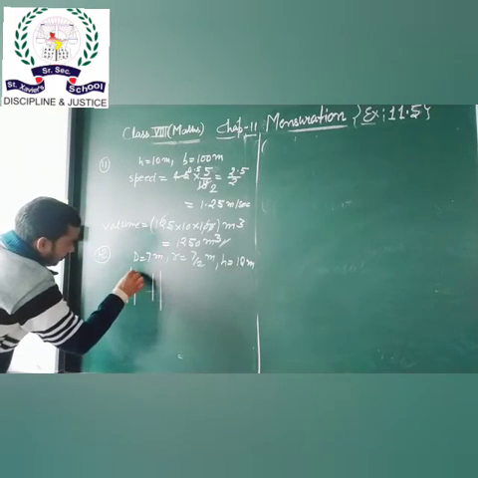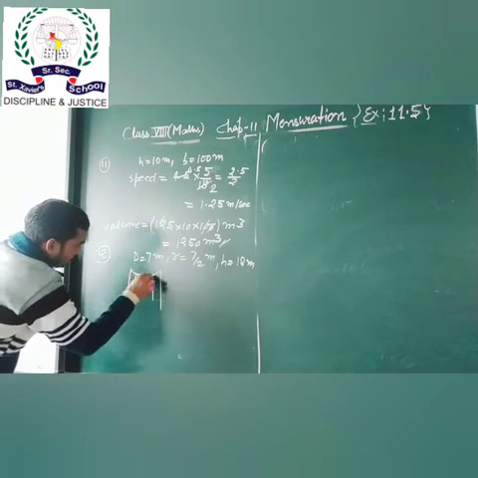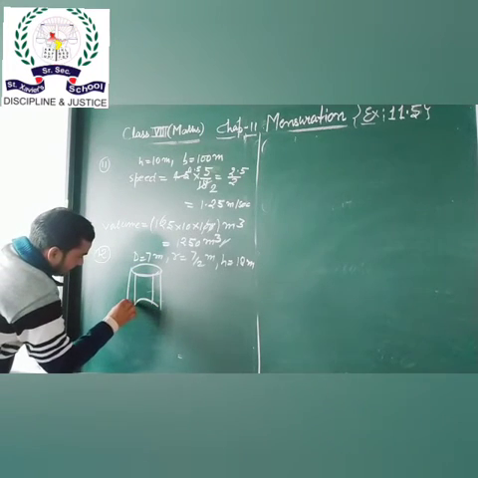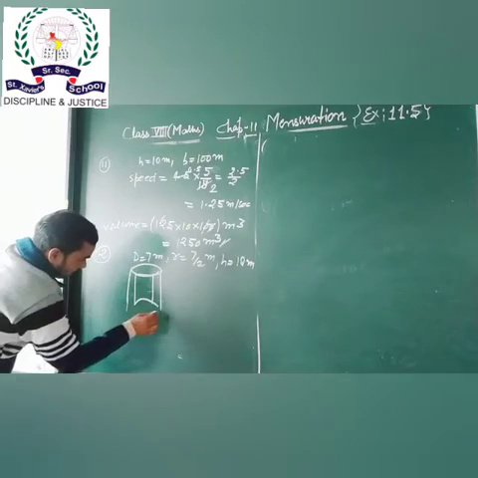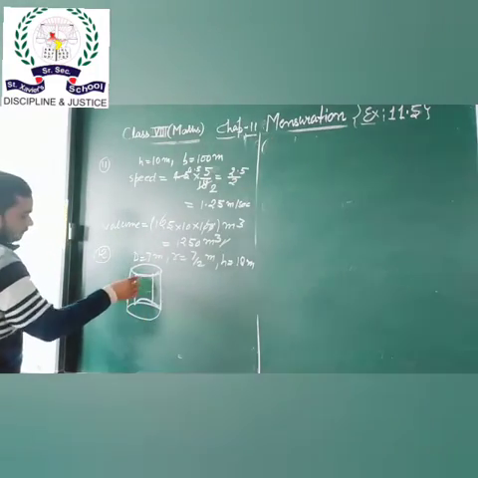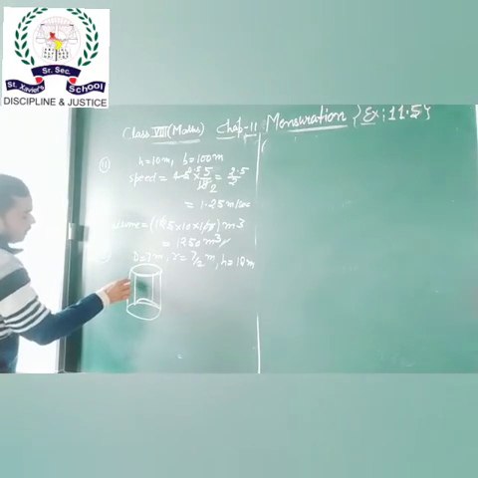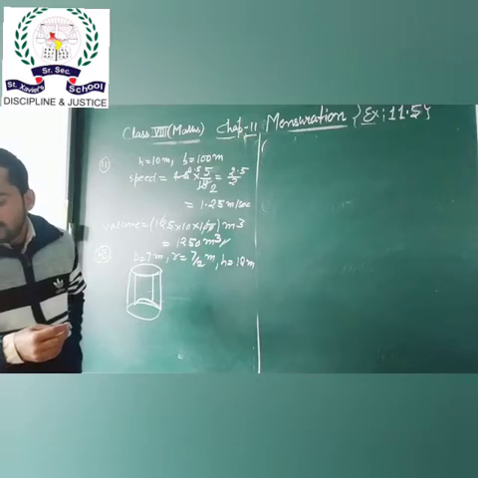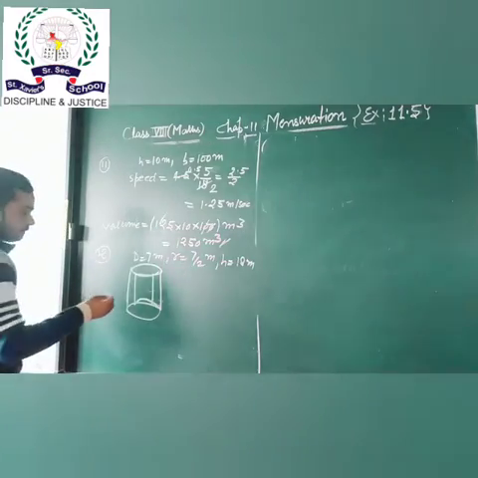So here we have to apply the formula like the hollow cylinder, external minus internal. This is a well and the thickness of the embankment is 10.5. Width of embankment 10.5.